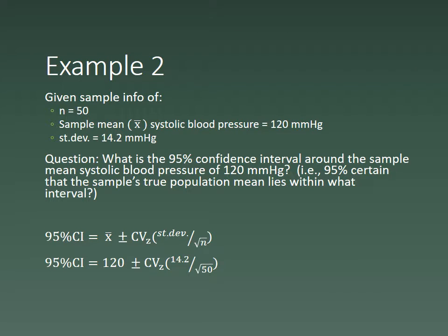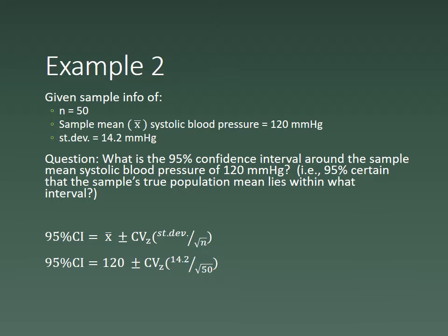So here's our example. Given the sample information of a sample size of 50 and a sample mean systolic blood pressure of 120 millimeters of mercury, and we have a sample standard deviation of 14.2 millimeters of mercury. What is the 95% confidence interval around the sample mean SBP of 120?